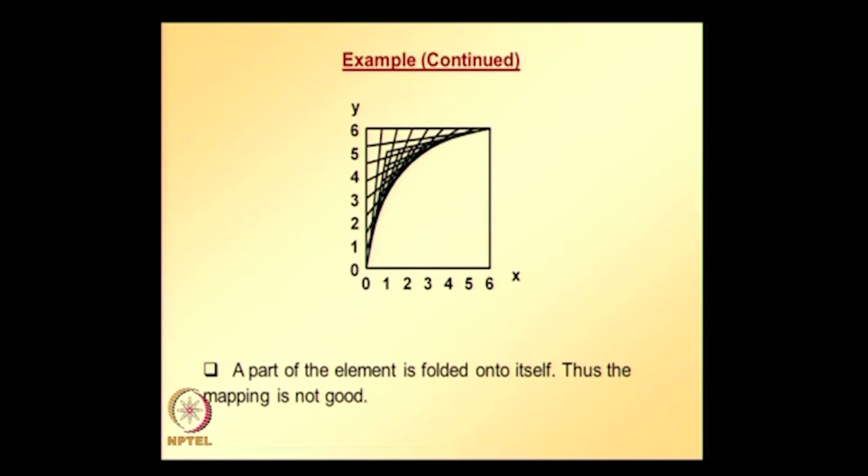So, this kind of thing is not acceptable, because every point in the actual element is required to be mapped onto a unique point in the parent element, and when this kind of folding is happening, that means it is violating that requirement.